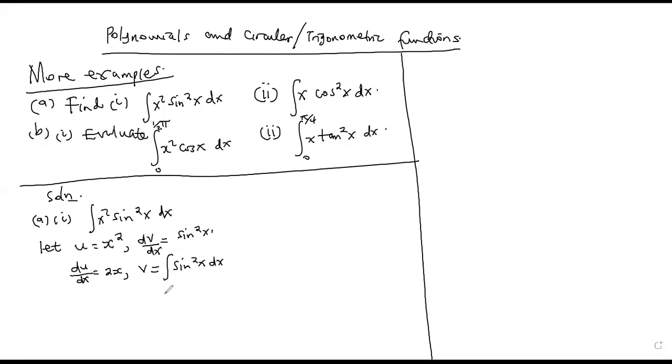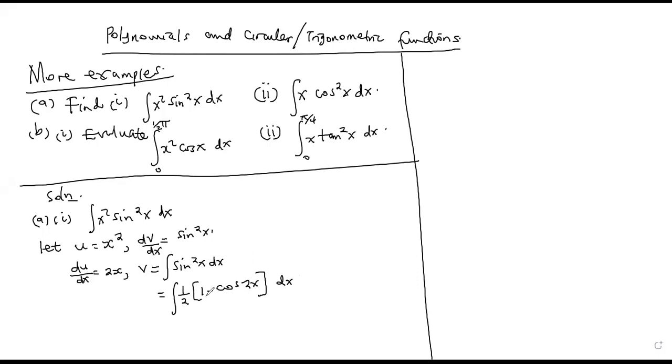Of course, you know that sine squared x itself can be expressed as a double angle, and this is the same as a half into 1 minus cos 2x. When I was integrating even powers, I showed you how we get sine squared x to be equal to this. You can replay, and then you have how we got it.